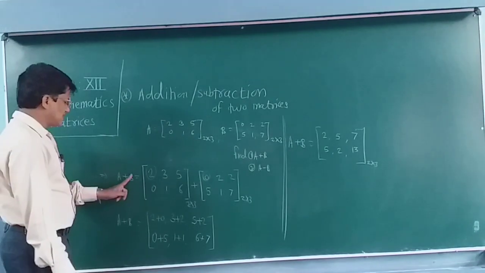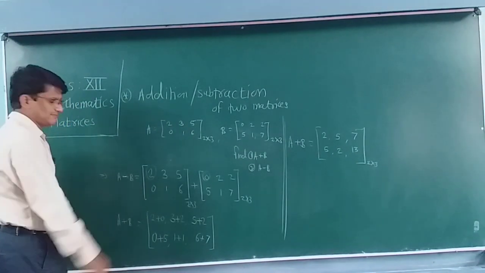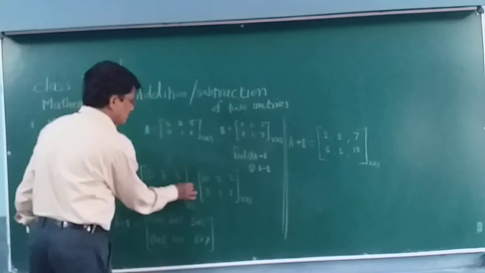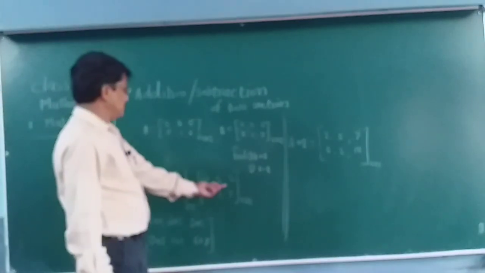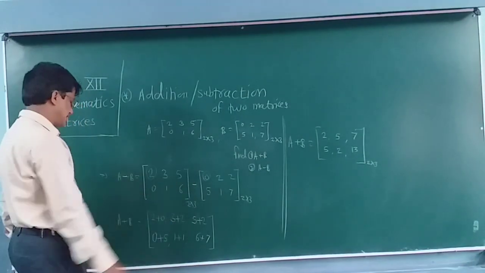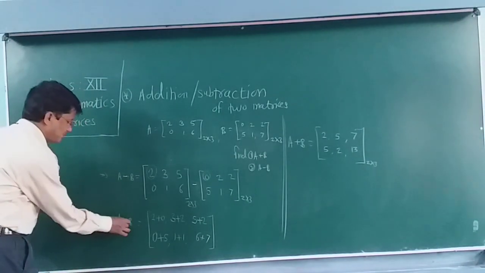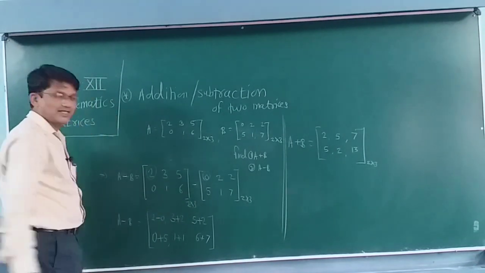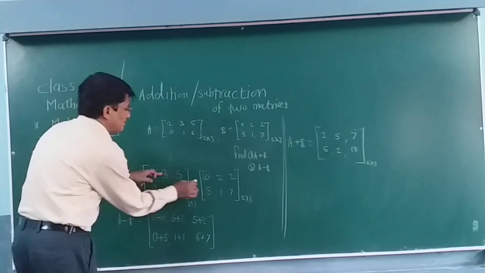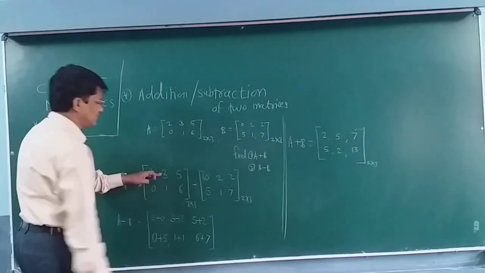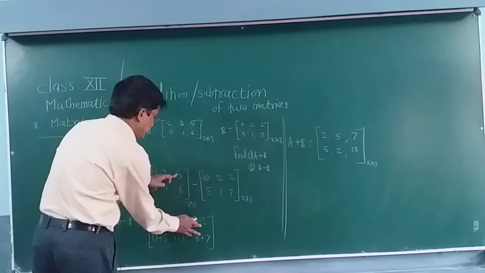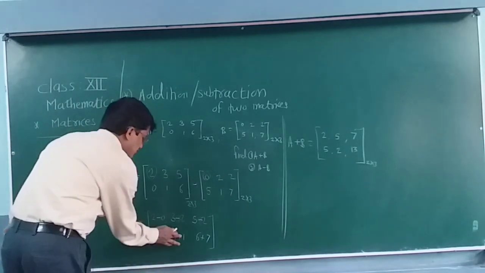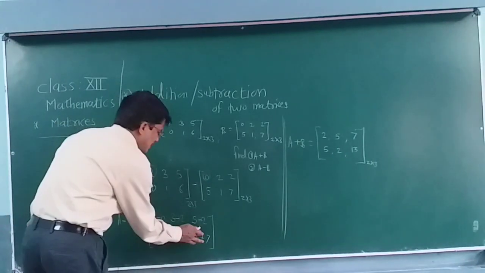Instead of A plus B, write A minus B. Keep the A matrix as it is, change the sign to minus, and the second matrix is in the second bracket. So A minus B: first element minus first element, 2 minus 0, second element 3 minus 2, 5 minus 2, 0 minus 5, 1 minus 1, 6 minus 7.